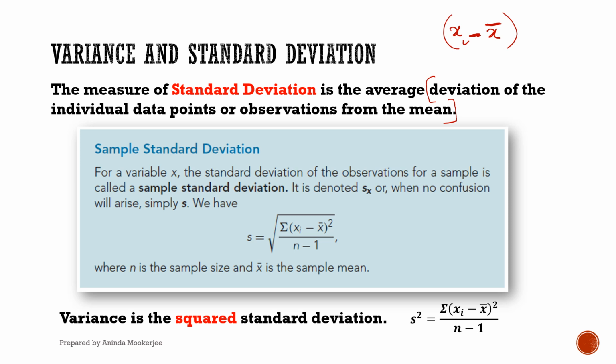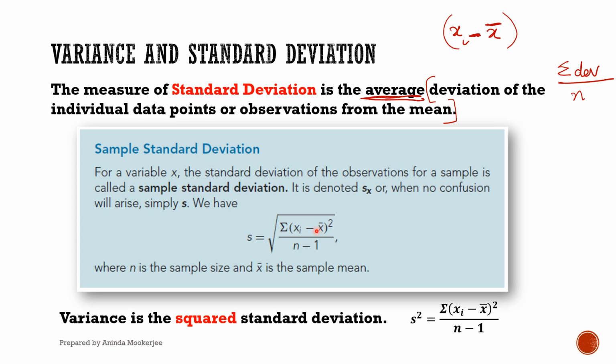But then it says it's the average. So what do we do when we calculate the average? Remember, average is summing up all the deviations, which would mean the sum of all the deviations divided by the number of deviations we had. So sigma x divided by n. That's why you see over here we have a sigma, that is summation, and we also need to square it.